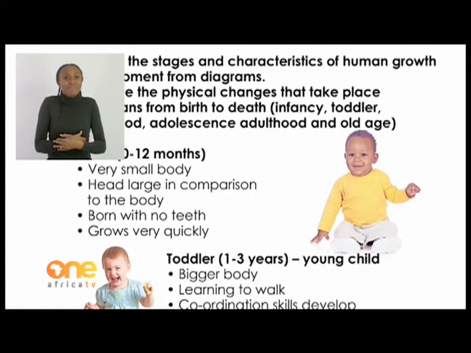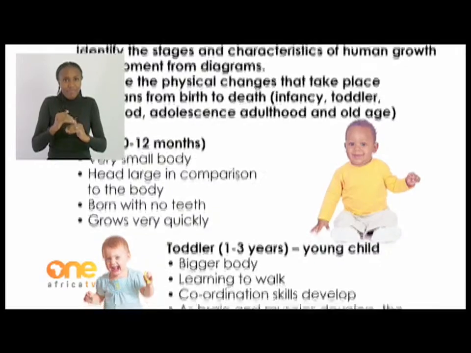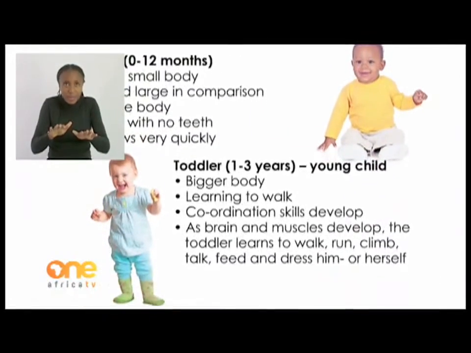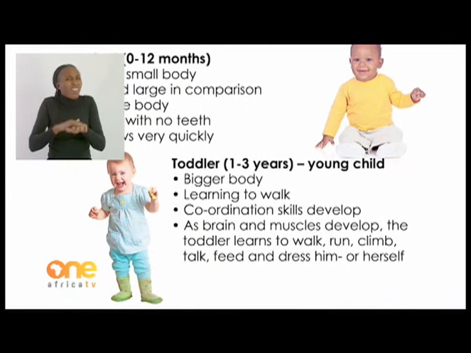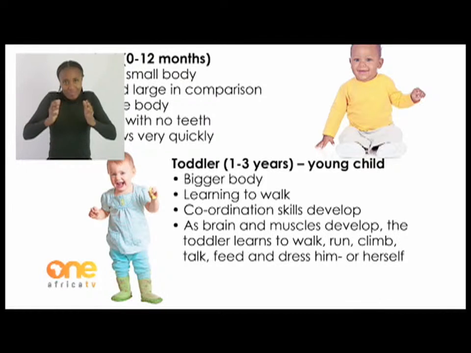We're moving on. Toddler, which is the next stage, the second stage after being an infant or a baby. How will you be able to tell that somebody is a toddler? First thing is about the age. A toddler should be at the age of 1 to 3. How do they look? Their bodies get bigger. They learn how to walk.